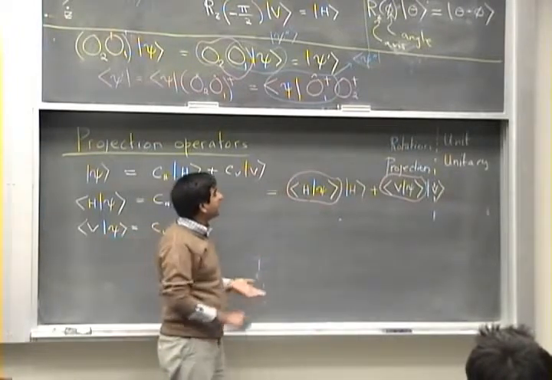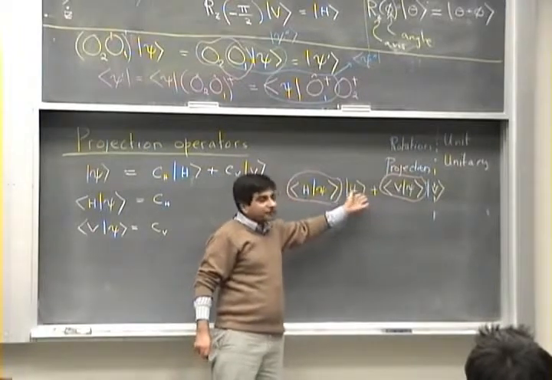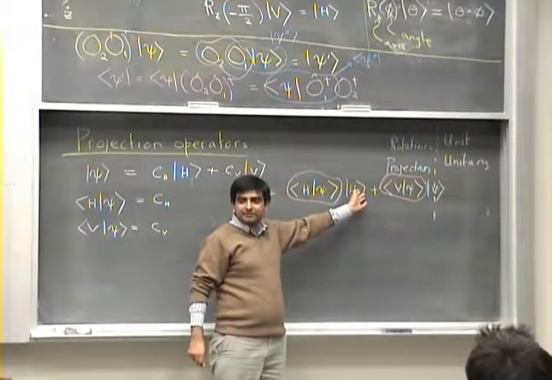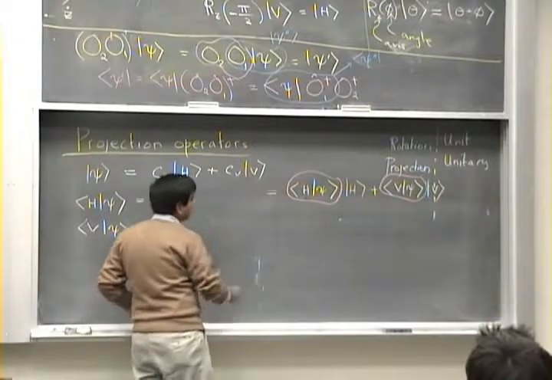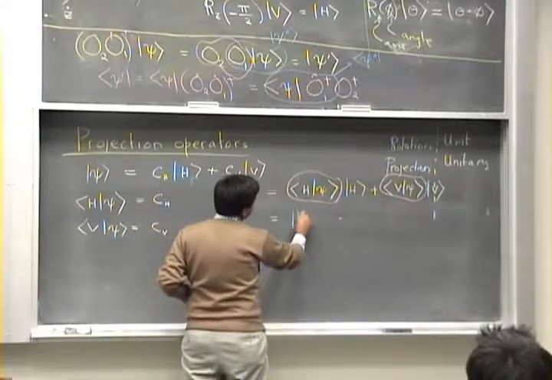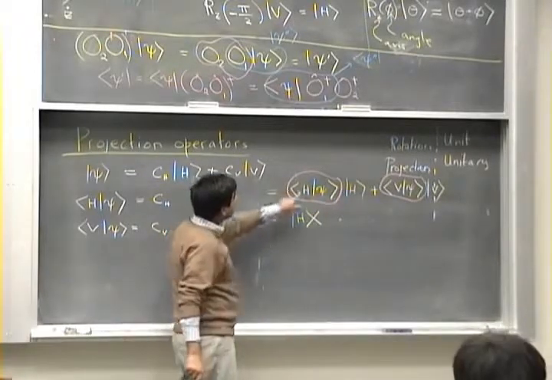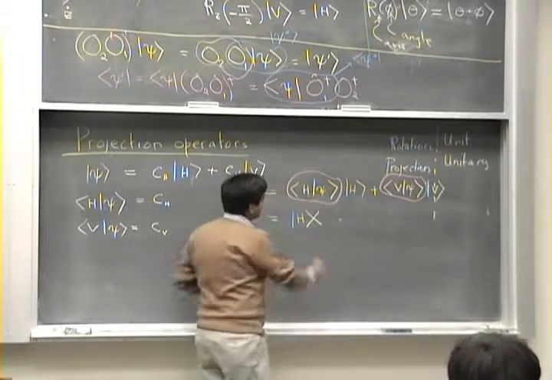So it doesn't really harm if I take this number and write it after the ket. So what I'm going to do now is play a trick. First I write the ket H, and then I write this inner product after it.